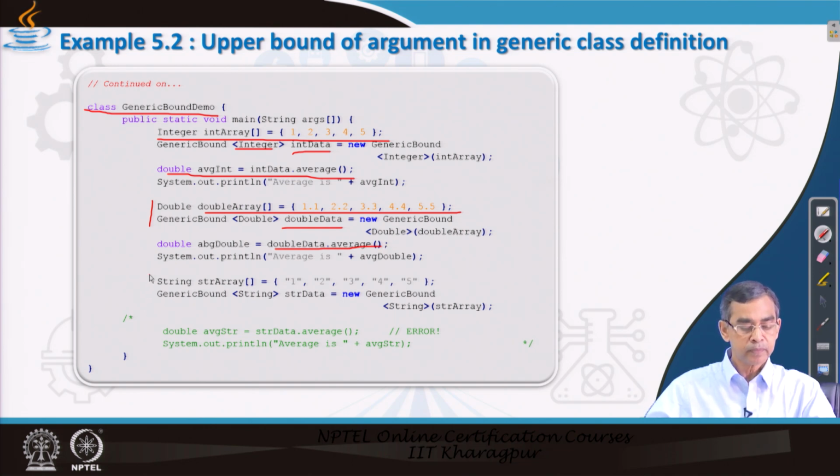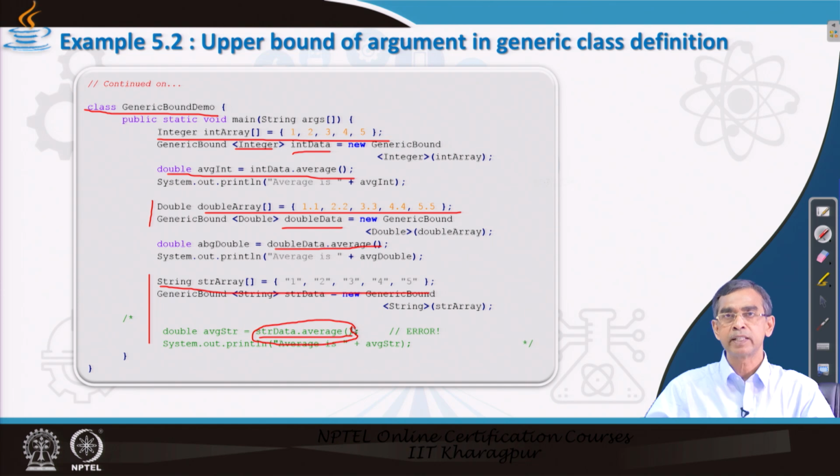However, this will give an error because here we are declaring an array of strings, and then we want to call this method average. Now, this average method will not be able to resolve its scope because the String class is not under this bounded argument. So, it will report a compilation error that you will not be able to use this because the bound of your argument is within Number and its subclasses.